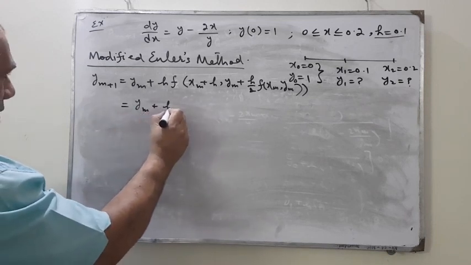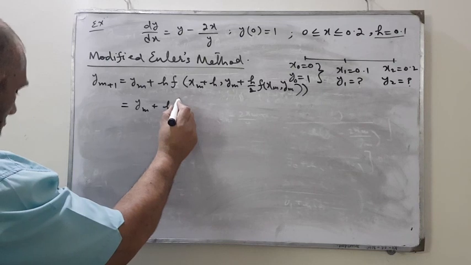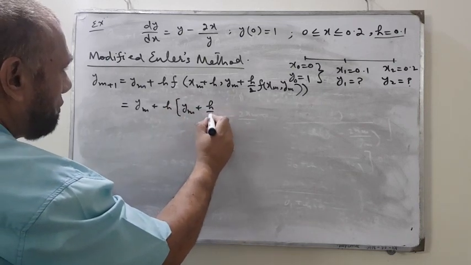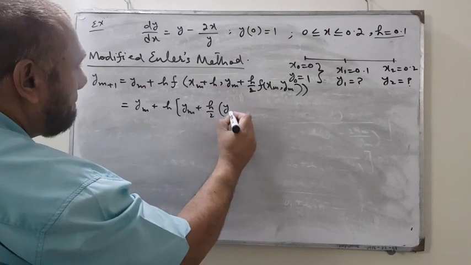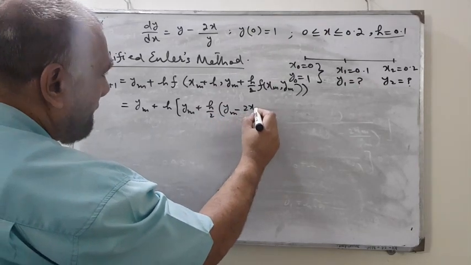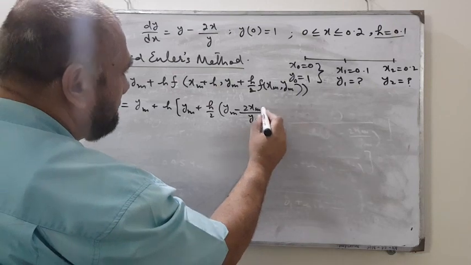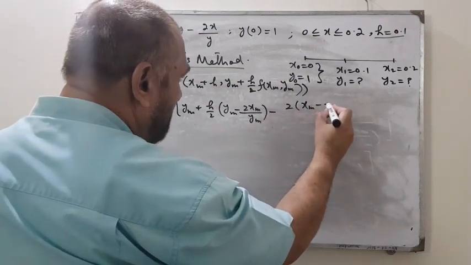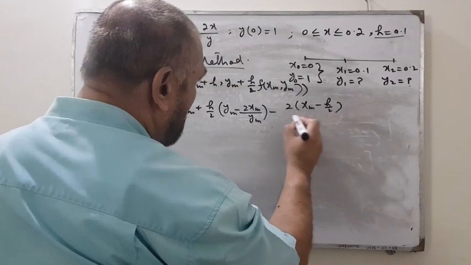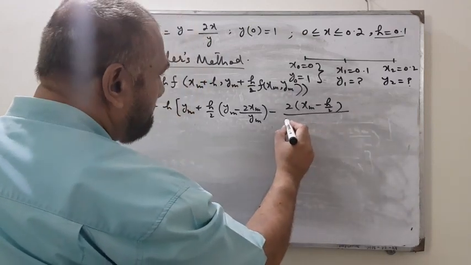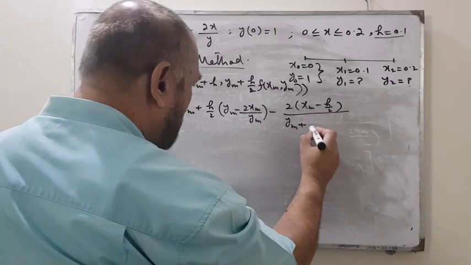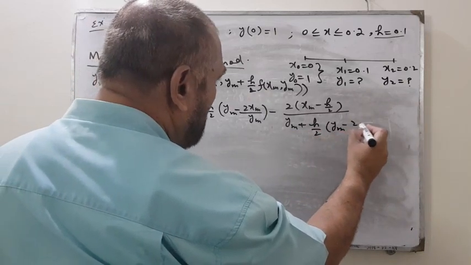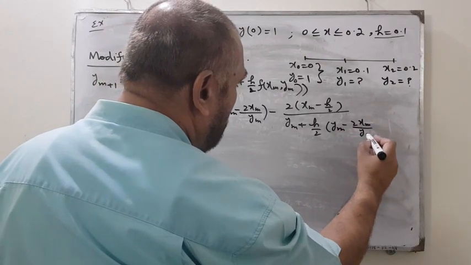ym plus h. Inside there will be ym plus h/2 times (ym minus 2xm over ym), 2 times (xm plus h/2) whole divided by ym plus h/2 times (ym minus 2xm over ym).